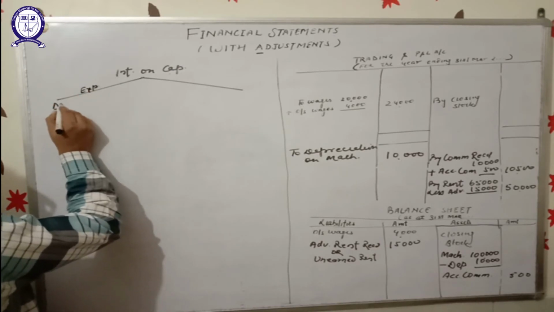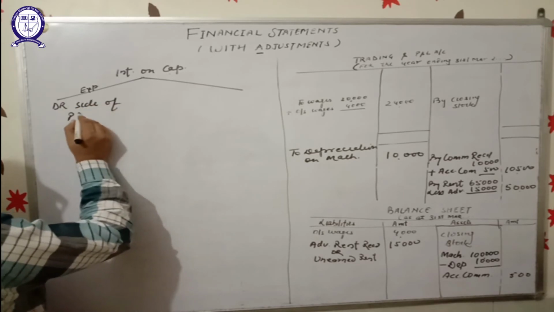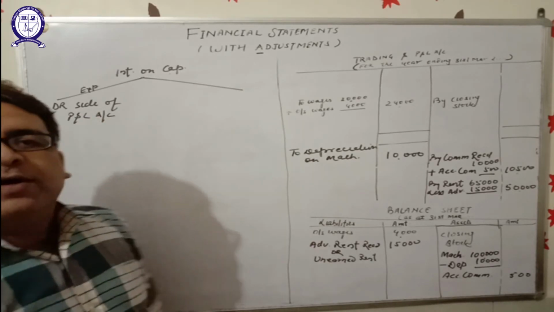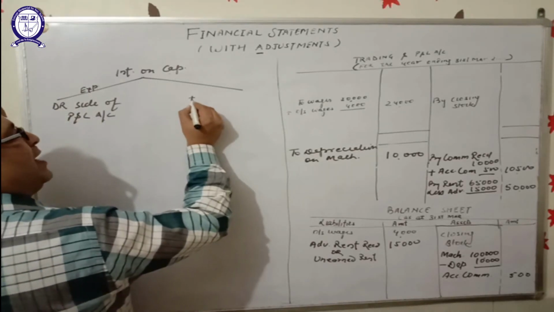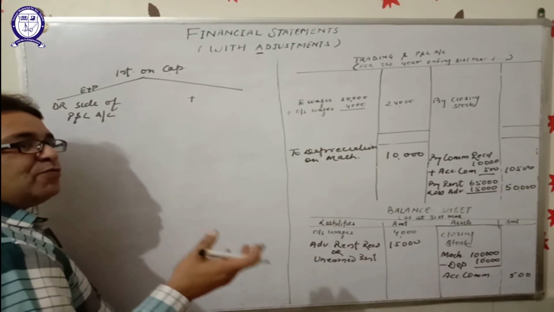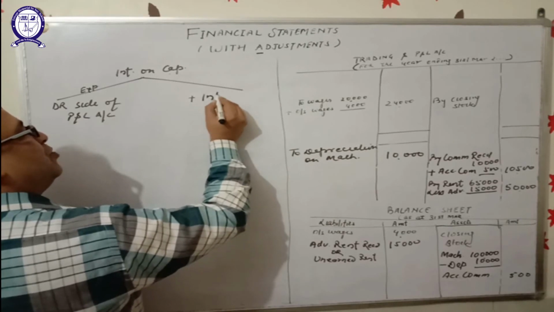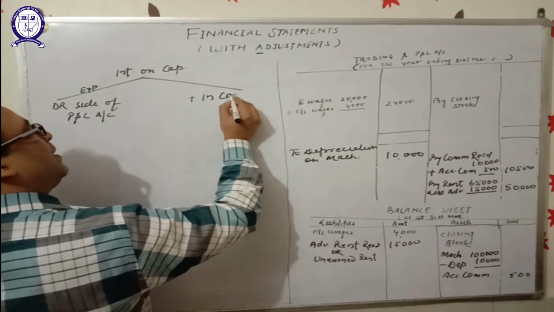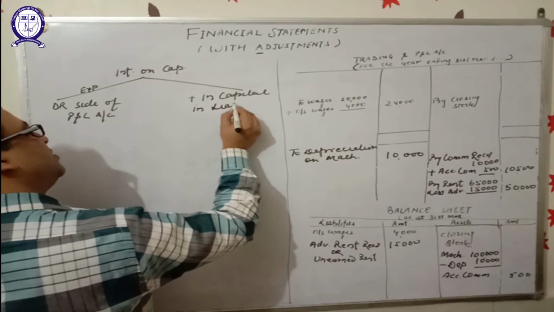That's why it will be recorded in the debit side of profit and loss account. On the other hand, we have to provide this amount to the owner, so this amount will be added to capital in liability side of balance sheet.